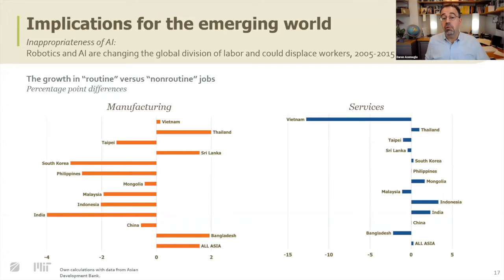Now, all of this may sound like it's just for the developed world, but it has implications for the developing world, because AI, when adopted in the industrialized world, is going to remake the international division of labor.